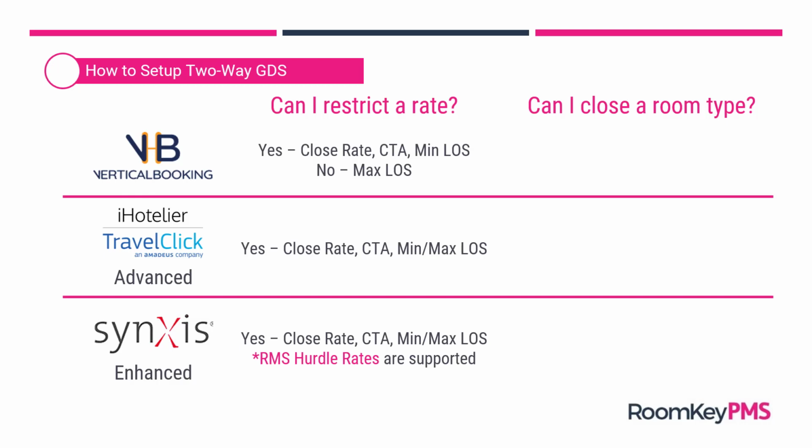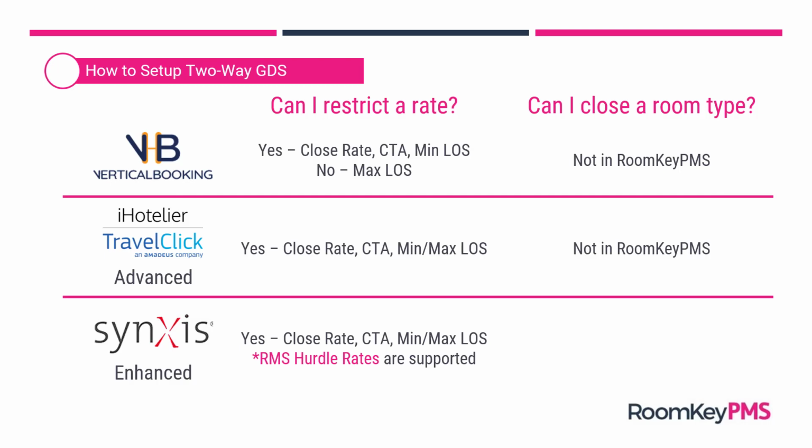And for Vertical Booking and iHotelier Advanced, this is not possible in RoomKey. So the workaround that I might recommend in those cases is to create a test or dummy reservation to consume that inventory in RoomKey immediately and allow you to hold that aside if you needed to, if that's your last room and you want to hold that aside for any emergencies.